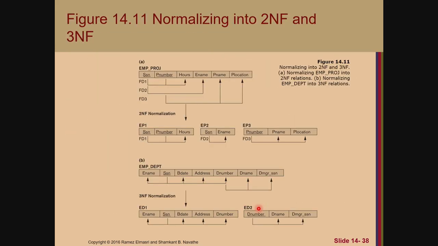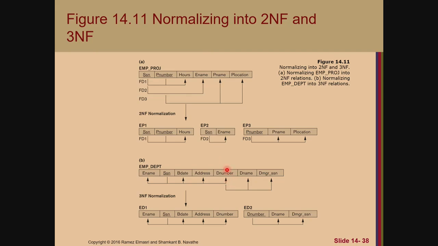Back here. Now what should we do? Okay, B. In this relation we have employee department, right? And D number determine D name and D manager SSN, but D number here is not a primary key.